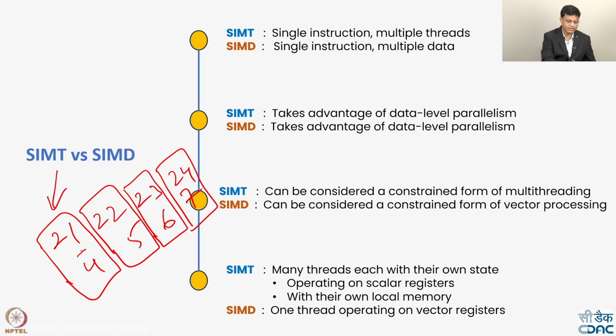The operation is the same, every thread is performing the same operation, suppose it is an addition operation, on each element independently. So, I can say that it is a single instruction because the operation is the same, and it has multiple threads.